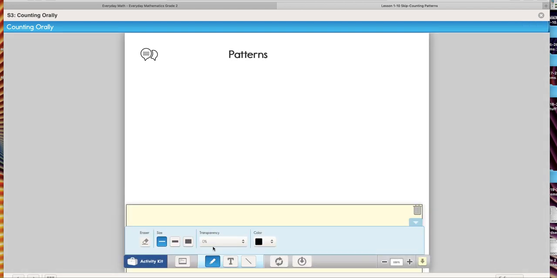Let me pick a random 5 number. Let's say we're going to start at 15. Is it going to let me write with my pen here? Whoa. That was a really long pen, right? All right. That wasn't what I was looking for. But okay, let me start with 15.